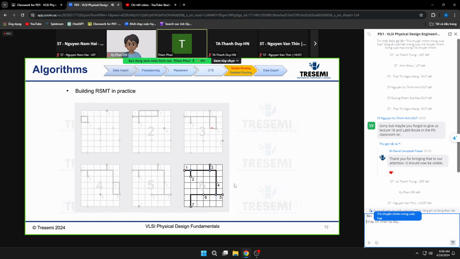The idea is that you share the edge that connects to the next box. That's why the Steiner tree is so popular, because it can run extremely fast, right? And with really, really good results.